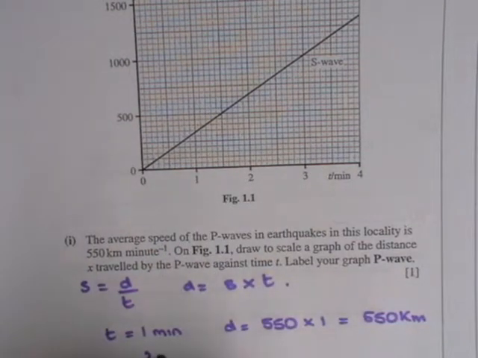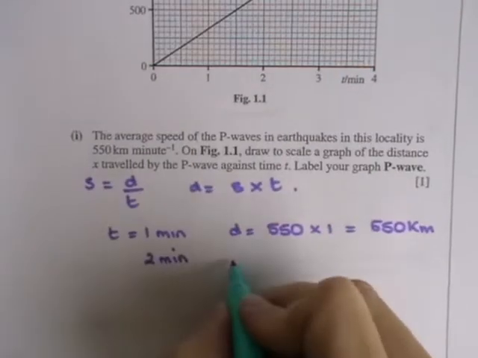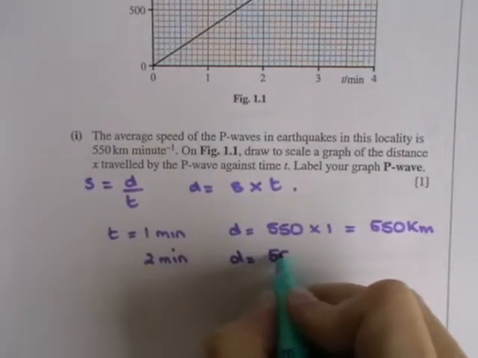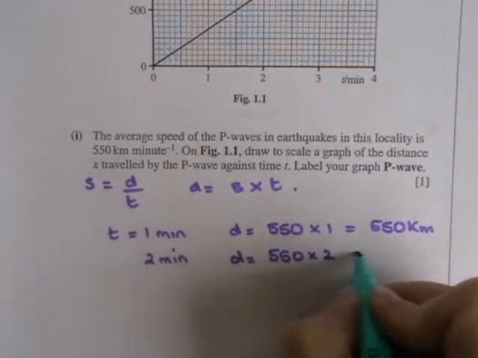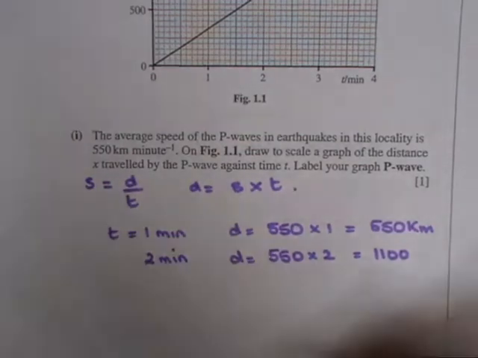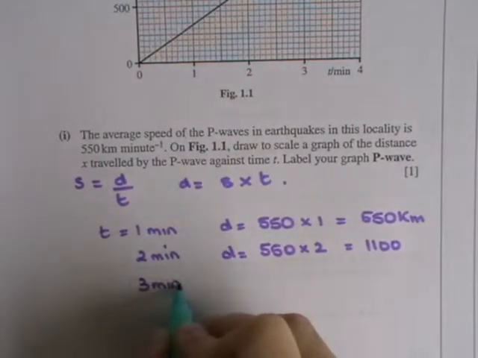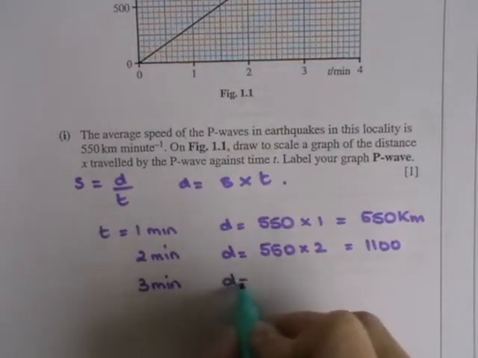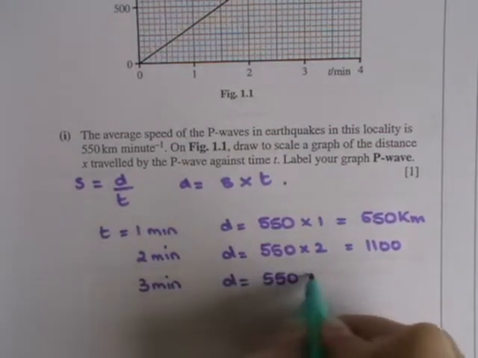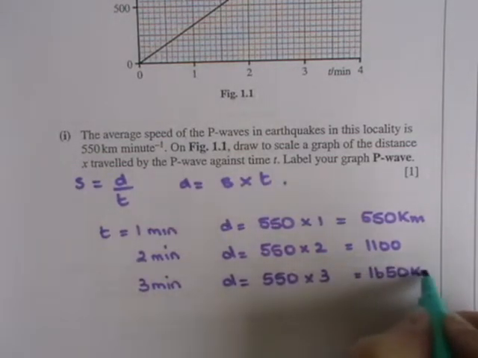At 2 minutes, the distance is going to be 550 times 2, which is 1100. And that's enough to get you your graph, but we'll just do 3 minutes as well. At 3 minutes, the distance is 550 times 3, which is 1650 kilometres.